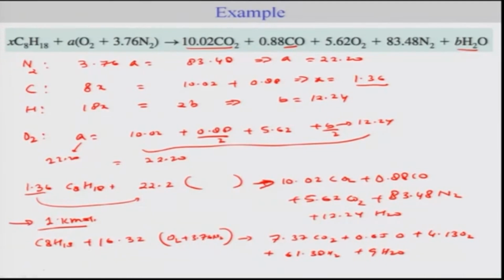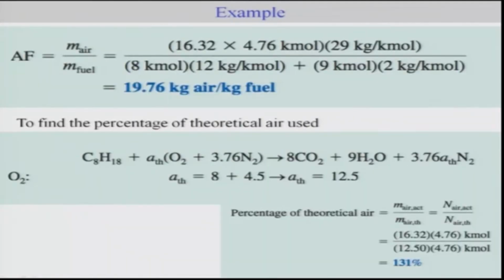So your mass of air is 16.32 into 4.76 kilomole, because that includes the oxygen and nitrogen, multiplied by the molar mass of air. Fuel is 8 kilomole multiplied by the molar mass for the carbon and then for the hydrogen, so that makes your air fuel ratio 19.76 kg air per kg fuel.